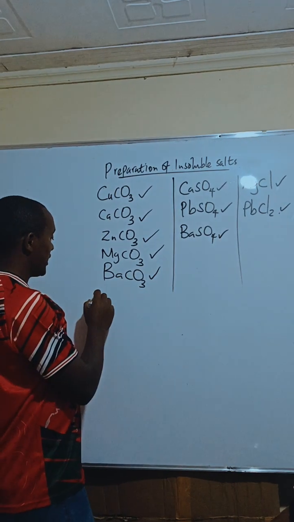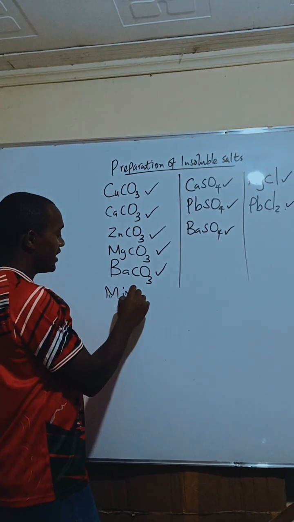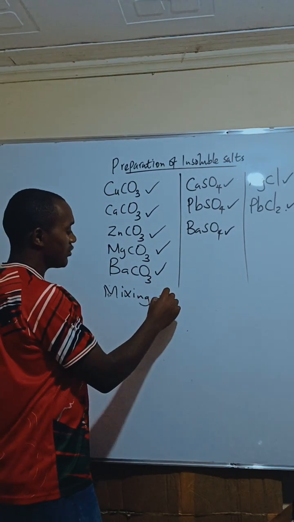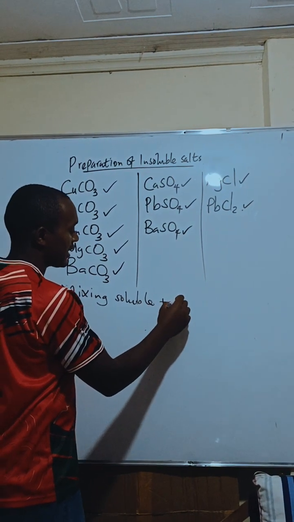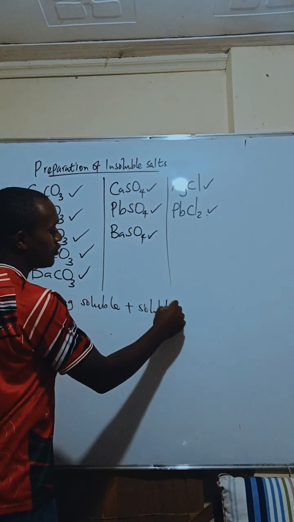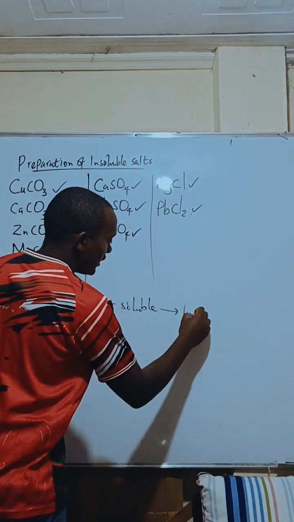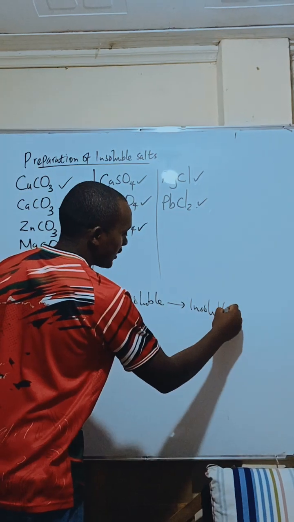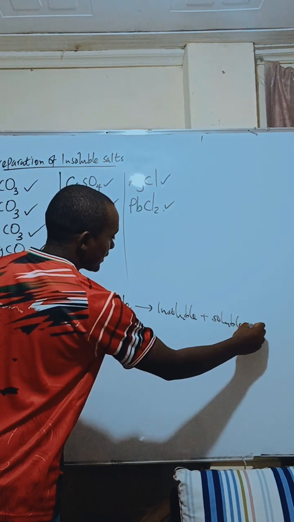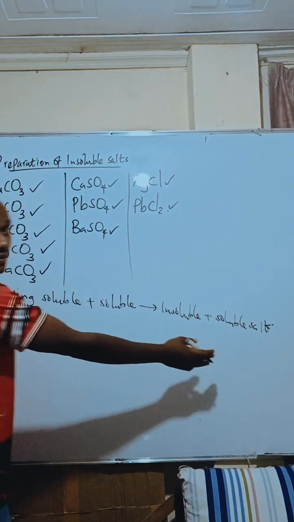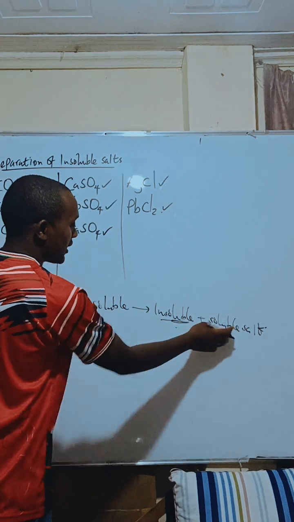So remember, insoluble salts are prepared by mixing a soluble salt plus another soluble salt to precipitate out an insoluble salt and a soluble salt.